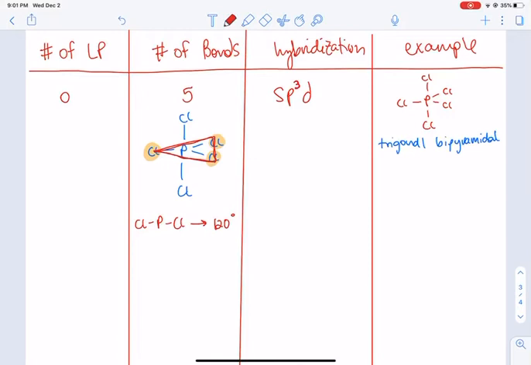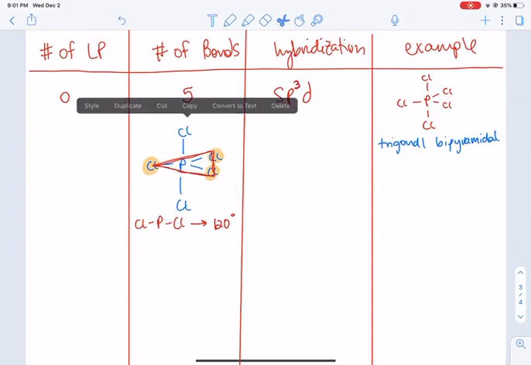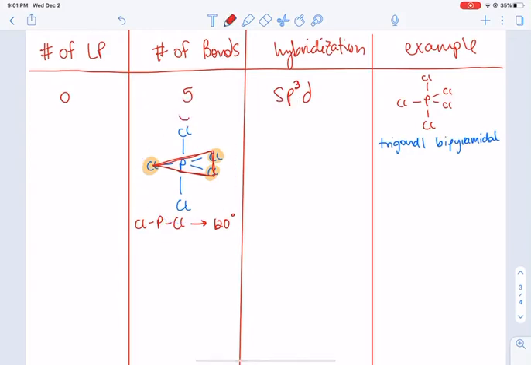If we were looking down on this molecule from the top, bird's eye view, what you would see is a chlorine. There's a phosphorus underneath that chlorine, and then you've got a chlorine out here, here, and here, right? Underneath this chlorine in the middle is this phosphorus here.